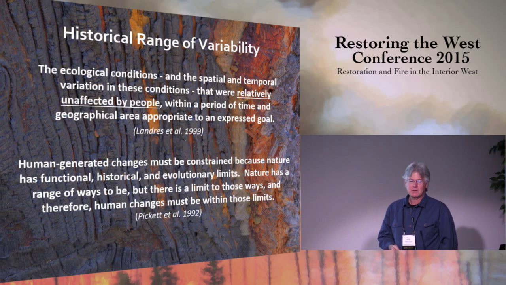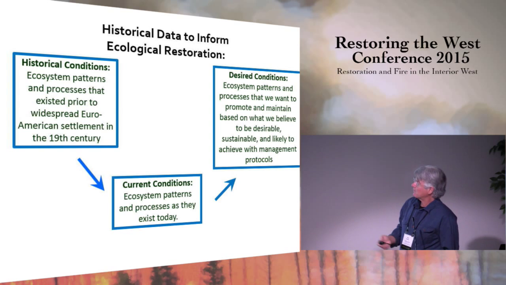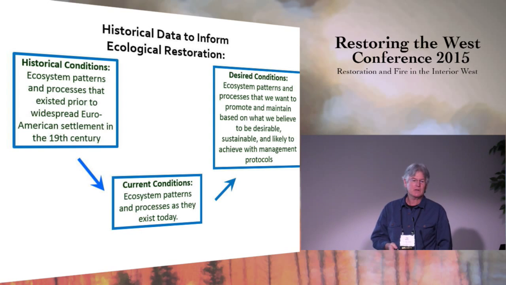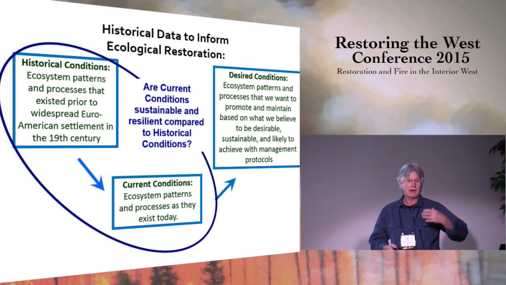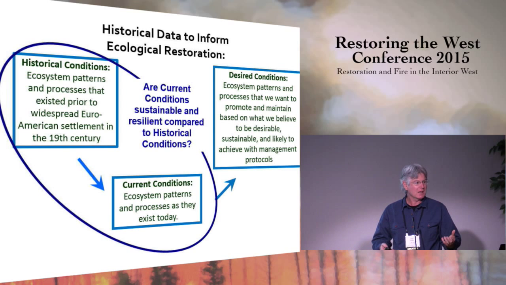This is just my little cartoon on this. The idea is we've got historical conditions, and we're contrasting those with current conditions to get to desired conditions. We can ask a couple of questions at this point. Compared to our historical conditions, these longer-term evolutionary dynamics that have gone on in ecosystems, are our current conditions sustainable?